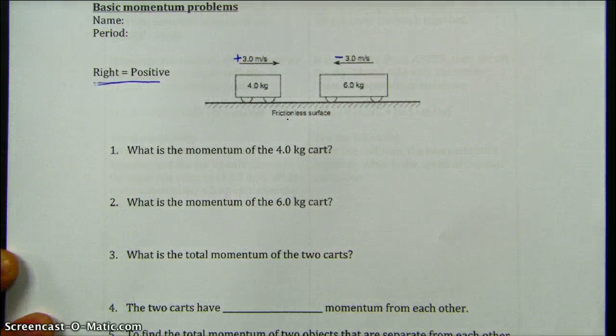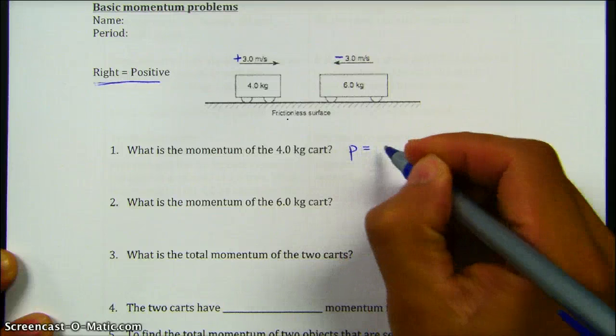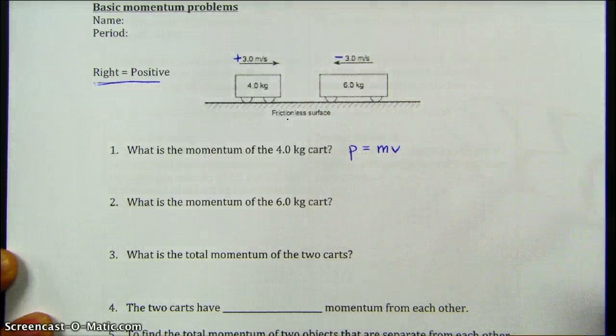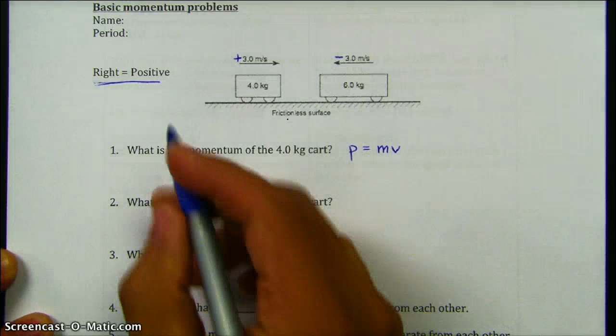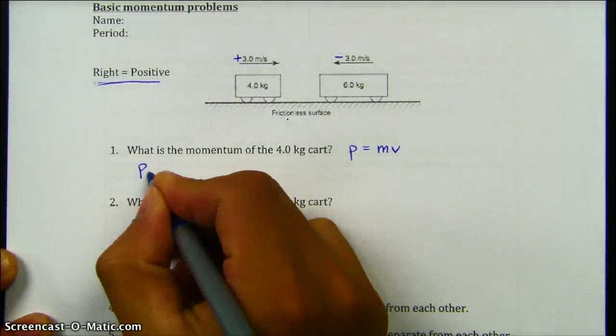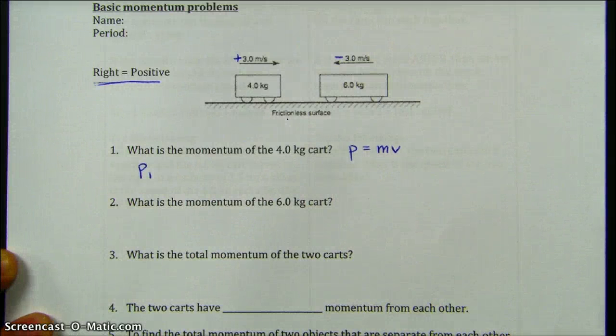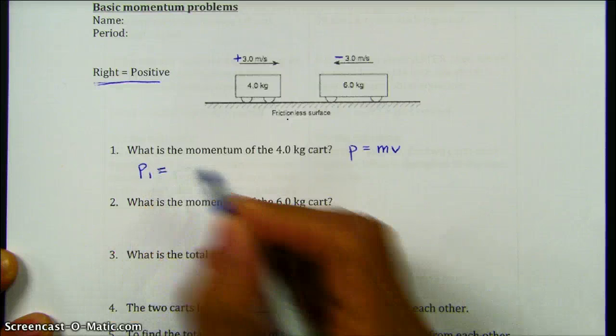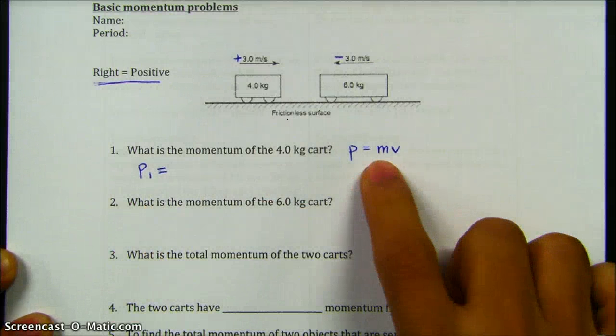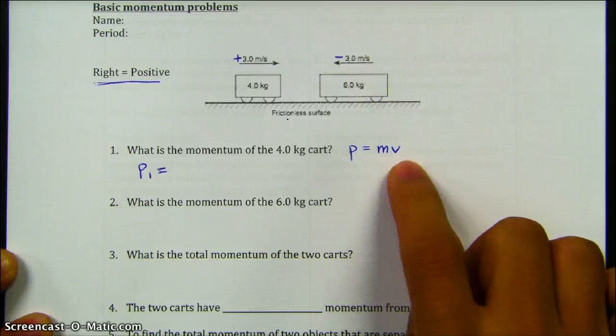Great. What is the momentum of the 4 kilogram cart? Well, we know momentum is m times v. But since there's 2 carts, we should call it momentum of the first cart by saying P1, and that's going to be equal to m times v, but more specifically it's the mass of the first cart times the velocity of the first cart.